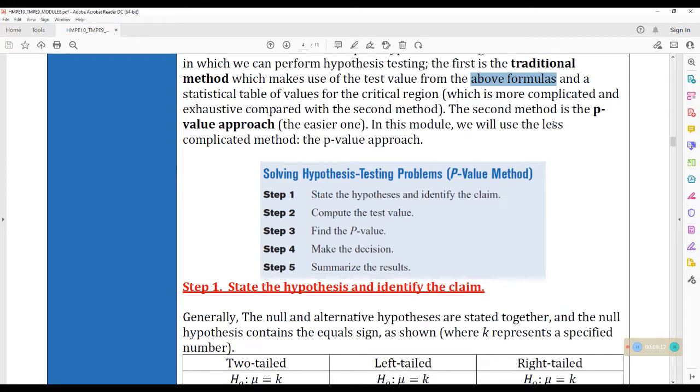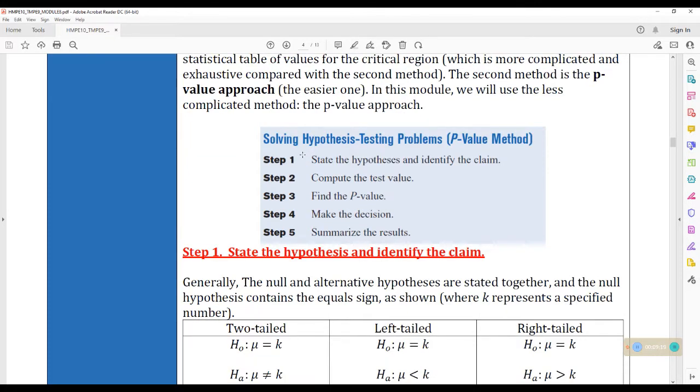So as I've mentioned earlier, it is only composed of 5 different steps. The first one is to state the hypothesis and identify the claim. Next, you have to compute the test value. This is optional actually, but importante pa rin na pinapakita natin si test value because there are some cases na obviously, dapat mo na siyang i-reject once you see the test value. Pero, nagre-refer ka pa rin with the p-value.